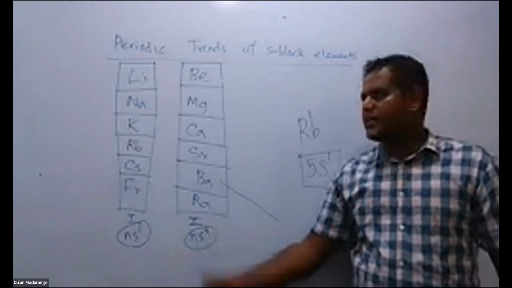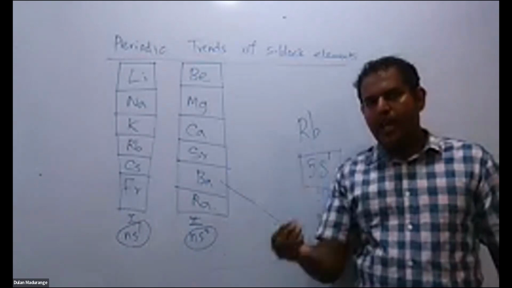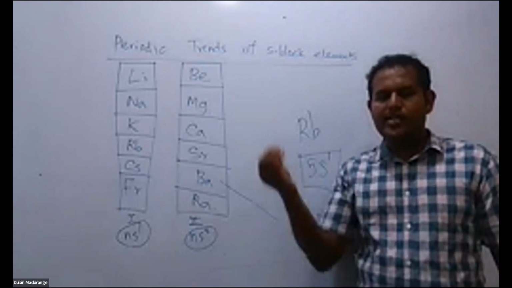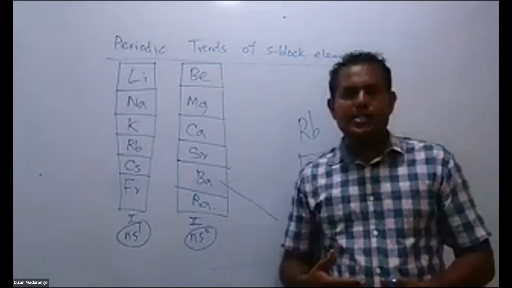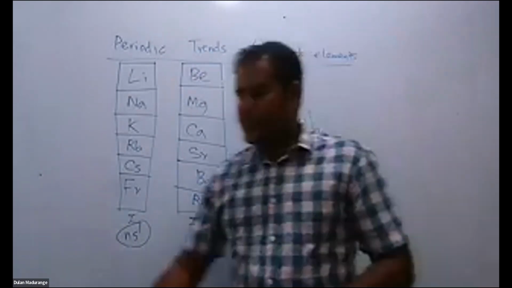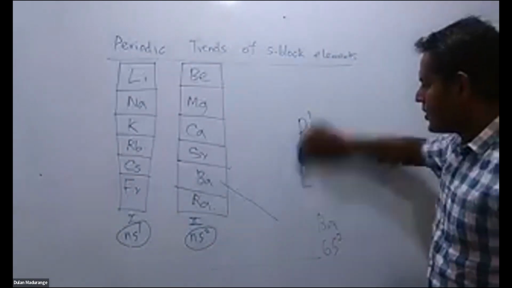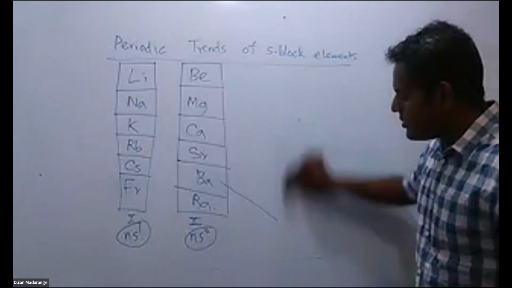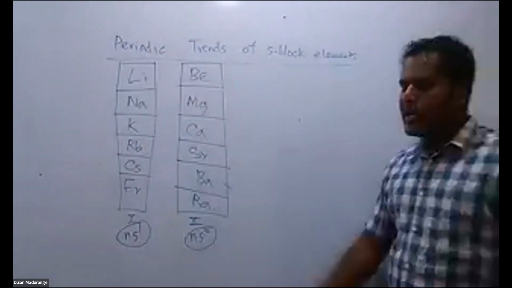But if you consider hydrogen, it's a gas and a non-metal. That's the main reason. So you should understand that when we consider S block elements, all S block elements are metals and they are solids. That's the reason for not categorizing hydrogen with the S block.